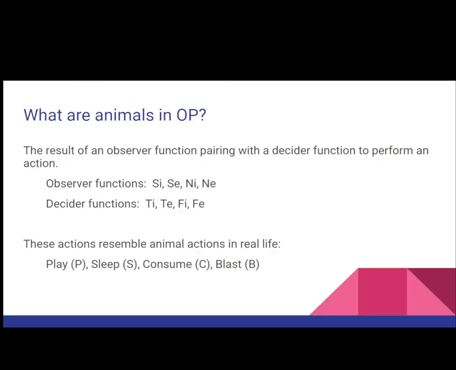So what are the animals in objective personality? It is the result of an observer function pairing with a decider function to perform an action. Just to review here, the observer functions are sensing and intuition, so SI, SE, NI, and NE. The decider functions are thinking and feeling, TI, TE, FI, and FE.